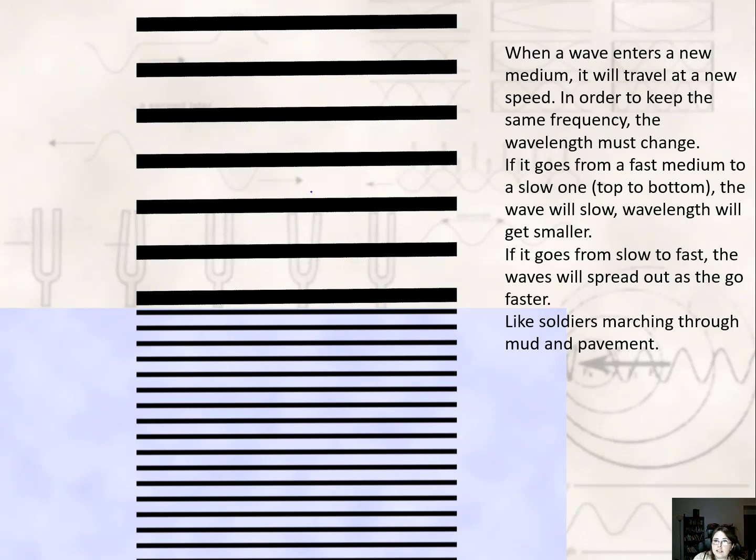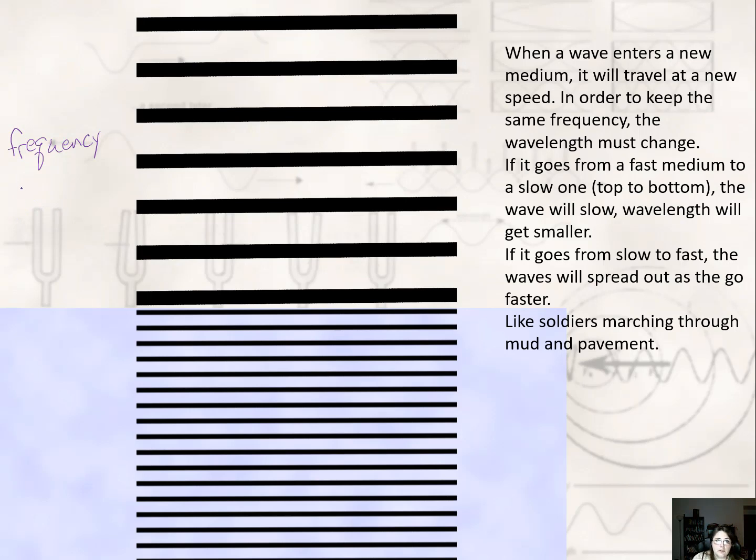So this is still diffraction right here. It says when a wave enters a new medium, it will travel at a new speed. So it keeps the same frequency. The frequency does not change. Frequency determines the colors of the visible spectrum, and it just doesn't change.